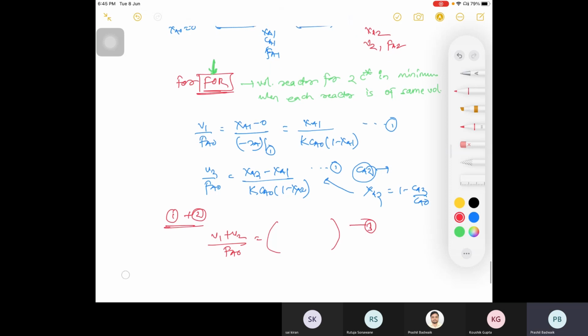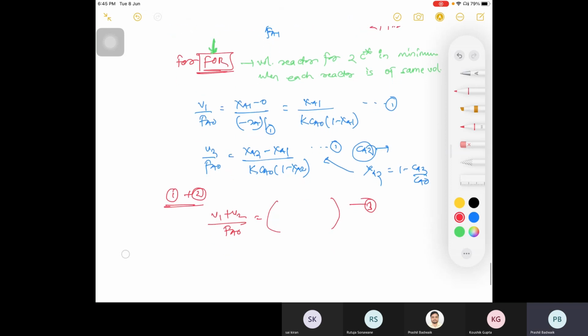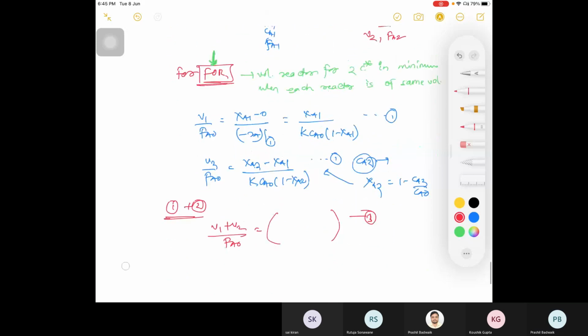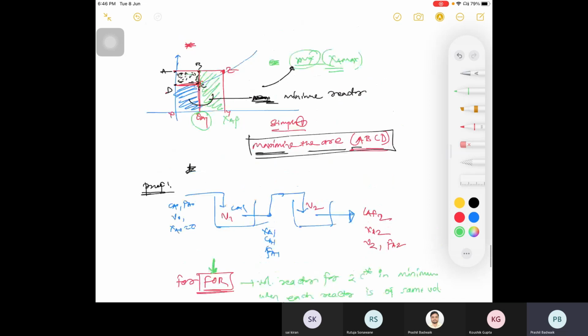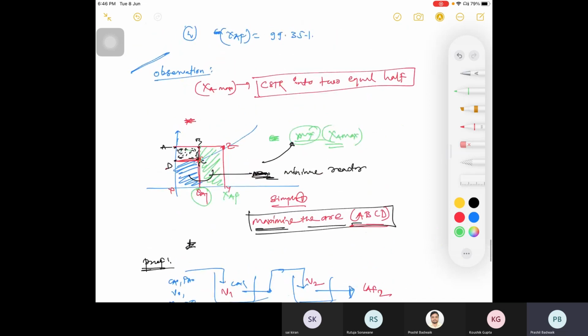Equation 3. And what you need to do here is minimize this area, minimize V1 plus V2 divided by Fa naught. So from this graph you can see what you need to adjust here.